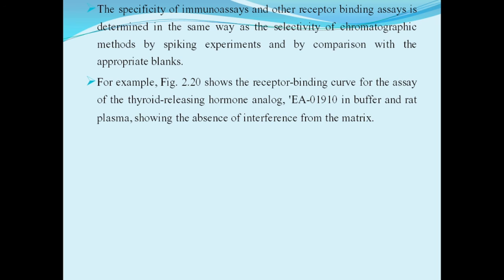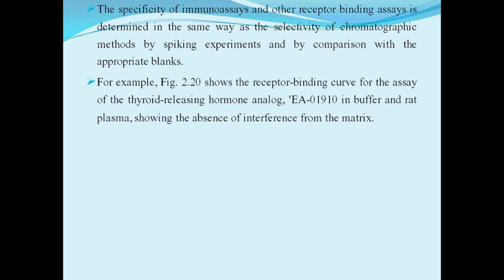The specificity of immunoassay and other receptor binding assays is determined in the same way as the selectivity of chromatographic methods, by spiking experiment and by comparison with the appropriate blanks.